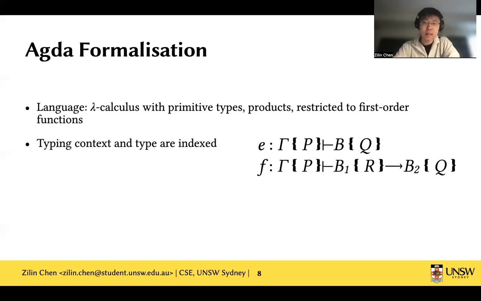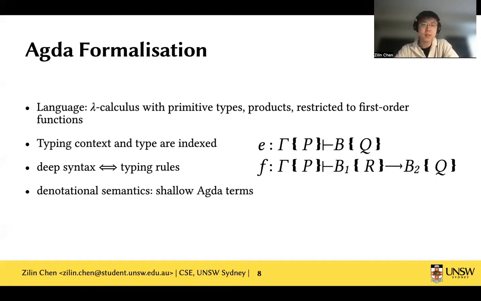And we can see that the Agda types are indexed by the typing context, gamma, P, and also the inferred type, Q and R. What it achieves is that it unifies the deep syntax and also the typing rules. So when we construct the terms in the object language, we get type checking for free. And the constructed expression is type correct by construction.